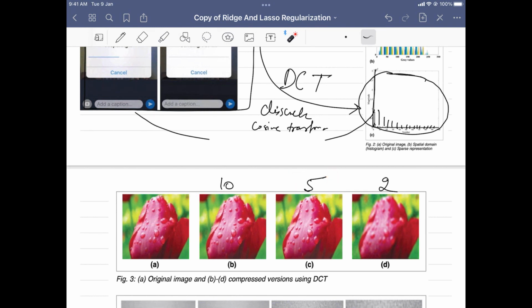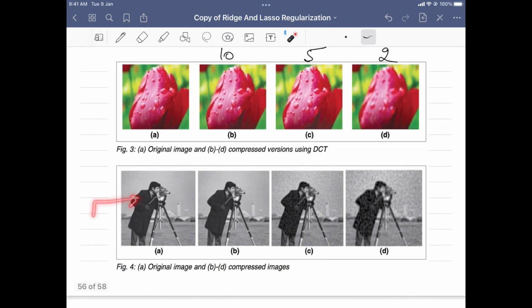So they try to do that. This is also showing you that same thing, that is, if you retain very less amount of coefficients, your quality of the image will be drastically reduced. But if you keep a reasonable amount of coefficients, you will get the same image back as the original image.